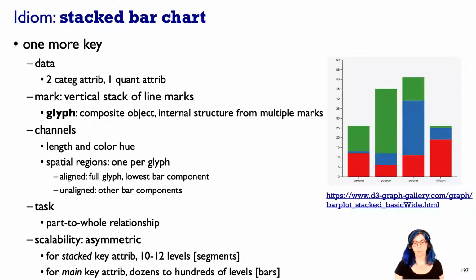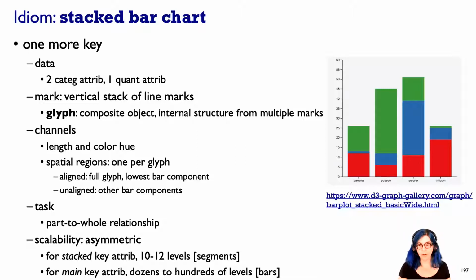So what channels are we using? Well, clearly we're still using that length channel. We're using color. And with these spatial regions, there's something a bit interesting here, right? We have aligned comparison of only certain things. We have it for the entire glyph, just like the whole bar, and we have it for that low component, in this case, the red component at the bottom. We have aligned spatial comparison in those cases.